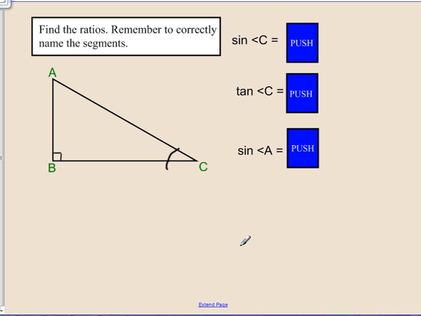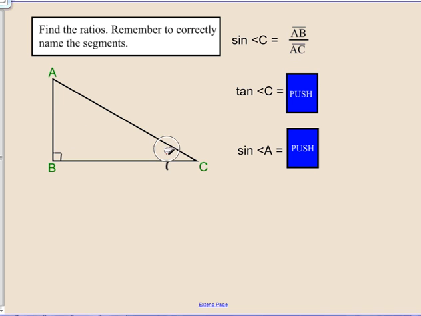Sine is opposite over hypotenuse, my mistake, so it would be AB over AC.